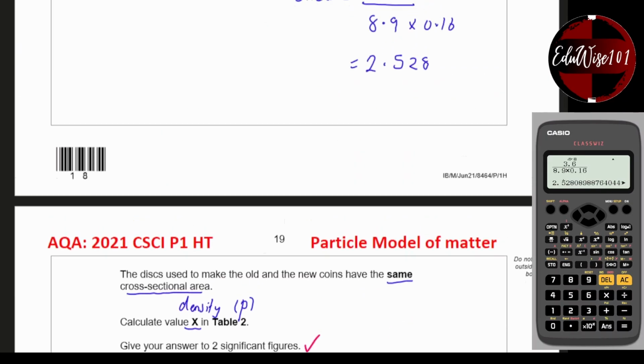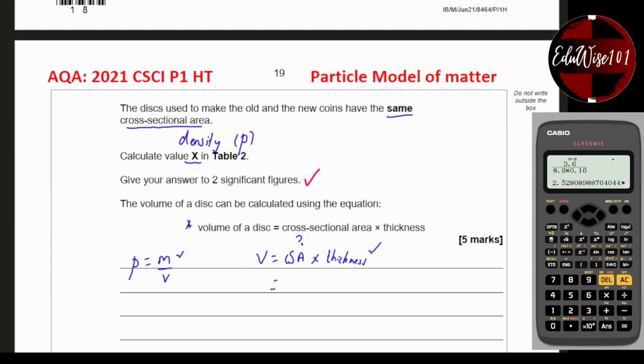So cross section is 2.528. Then 2.528 multiplied by the thickness, which is 0.17. This is for the new penny coin. To find the volume, multiply that answer by 0.17. That gives me an answer of 0.429.